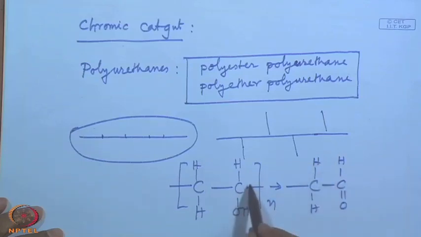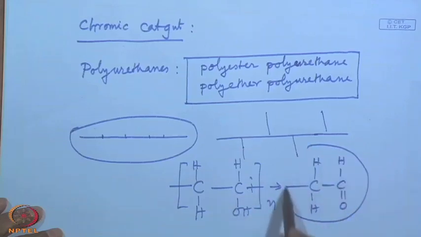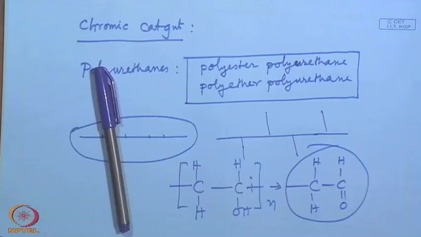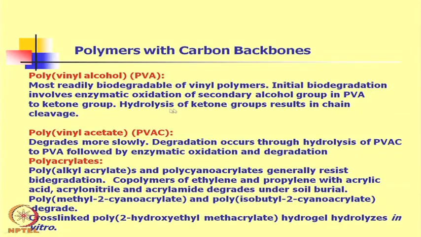So, it will break over here and form a ketone. So, fragmented polymer. Hydrolysis of ketone group results in chain cleavage. So, gradually hydroxyl groups are converted to ketone, then ketone groups result in chain cleavage.